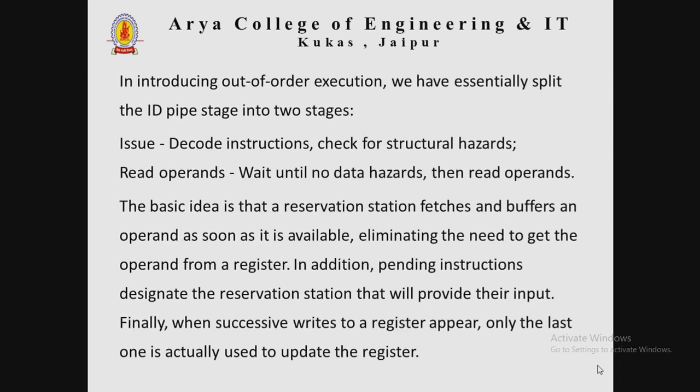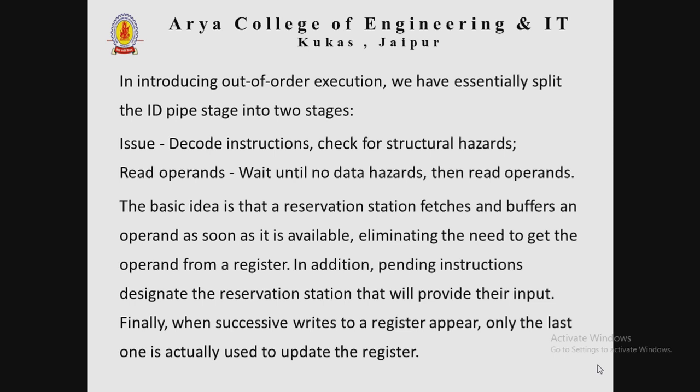In introducing out-of-order execution, we have essentially split the ID pipe stage into two stages. The issue stage is to decode instructions and check for structural hazards. The read operands stage means to wait until there are no data hazards, then read the operands.